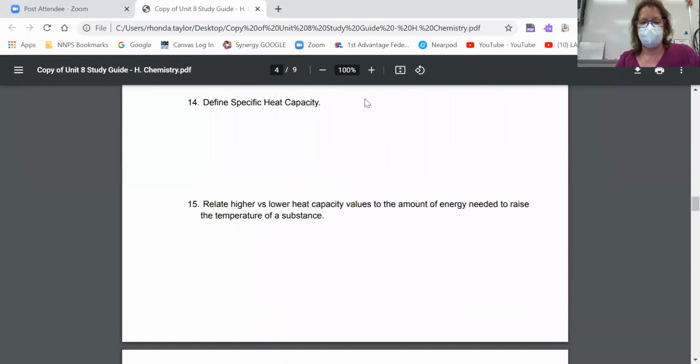Number 14, define specific heat capacity.